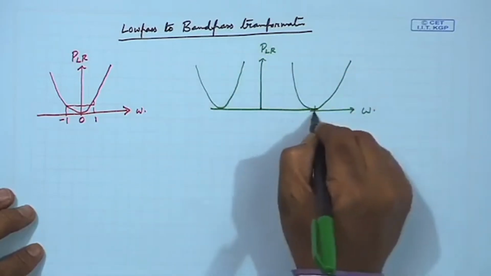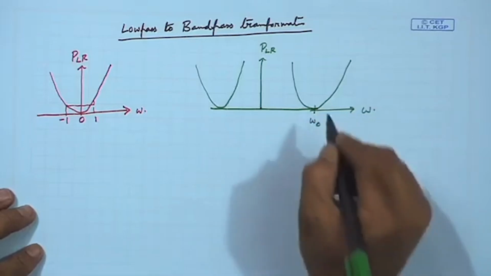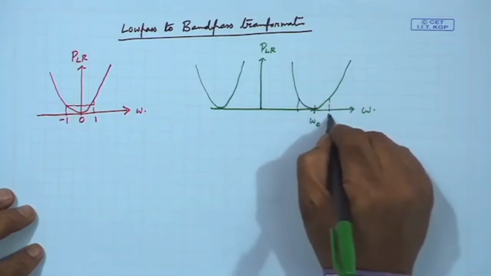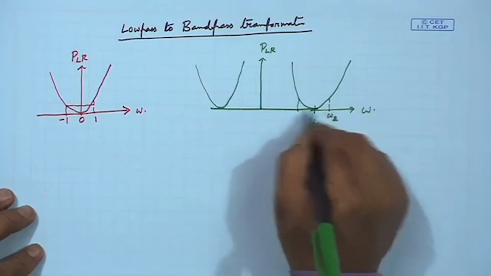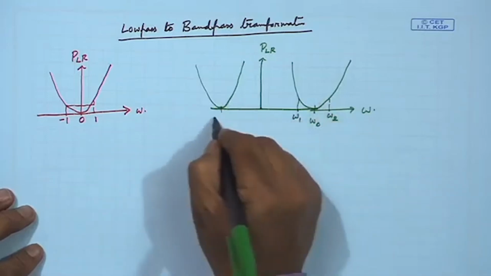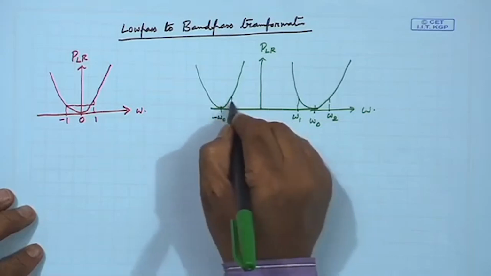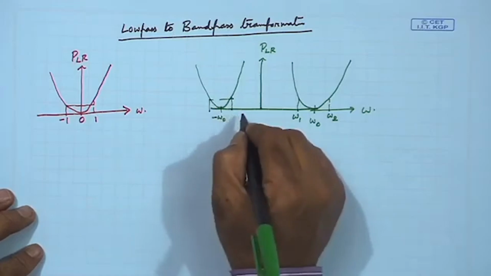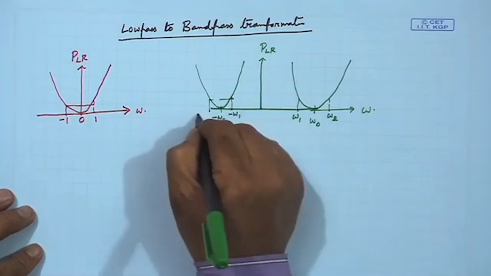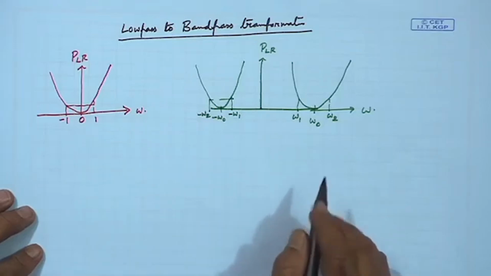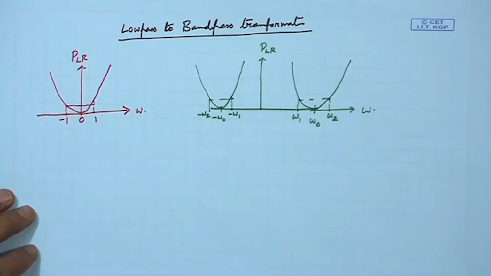I want it to go to omega naught, and also there will be a high frequency up to which it will pass. Let us call this omega 1. Similarly, here it will be minus omega naught, this is minus omega 1 and this is minus omega 2. Okay, so this is the thing.